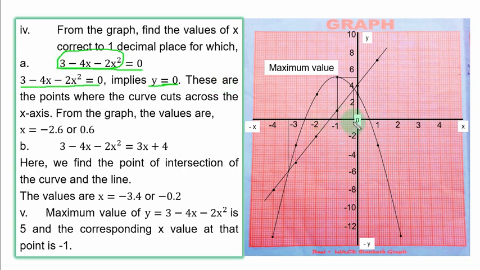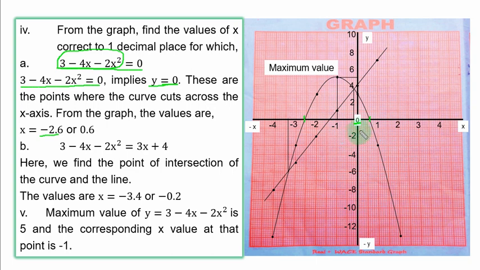And this is 0. What it means is the points where the curve cuts across the s-axis. As simple as that. So you have to locate that point. One point is here, another point is here. Okay, so this is 2.5. After 2.5, you just have one line away. That means you have minus 2.6 is the first root.